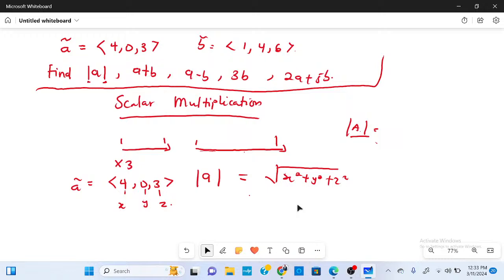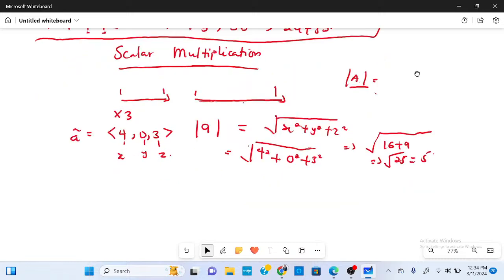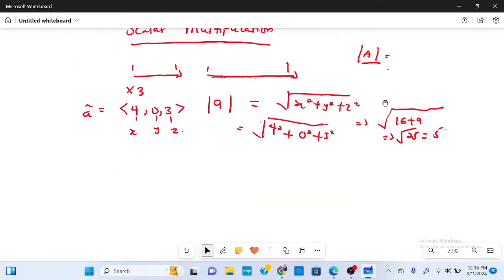So in our case, we have the square root of 4 squared plus 0 squared plus 3 squared. That gives us the square root of 16 plus 9, which is equal to the square root of 25, giving us 5. So this is the first part of the problem.